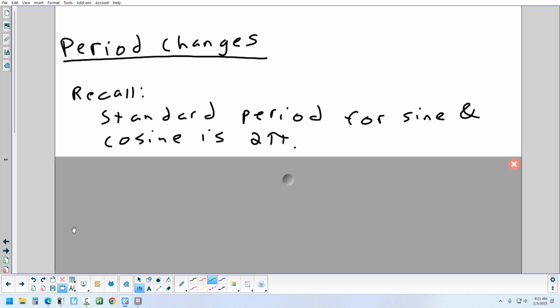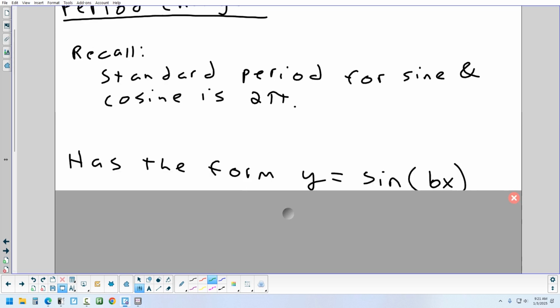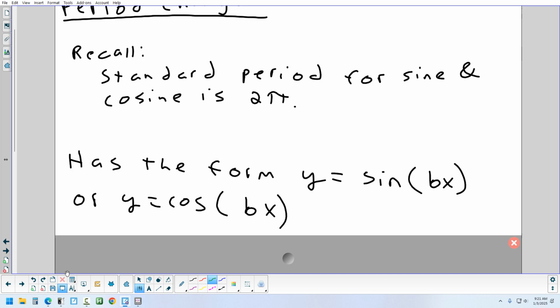So standard period, we just said, is 2 pi radians. This transformation, when we do all 6 of them, since the stretches are 2, the shifts are 2, and the reflections are 2, there's really 6, would be the second one that we would handle in order.